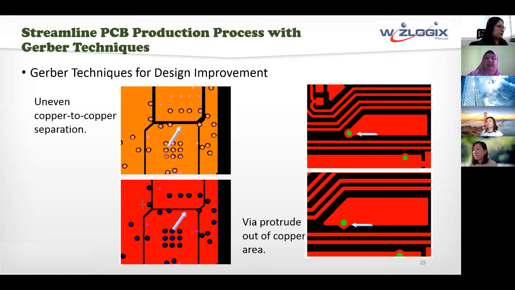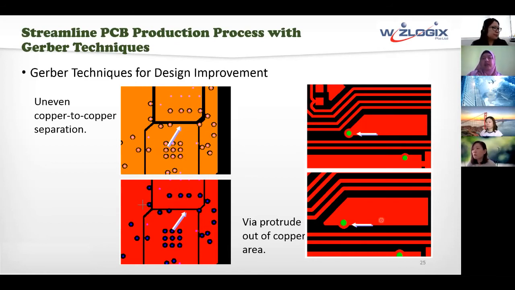So for that particular power plane, we try to have an even copper to copper separation so that we have the proper reference, and manufacturing-wise it's easier for them to manufacture. It's hard to control if you have some areas with bigger copper separation, for example 100 mils separation, and then this side will be 50 mils separation. So unless specified for your design layout, we normally maintain an even copper to copper separation.